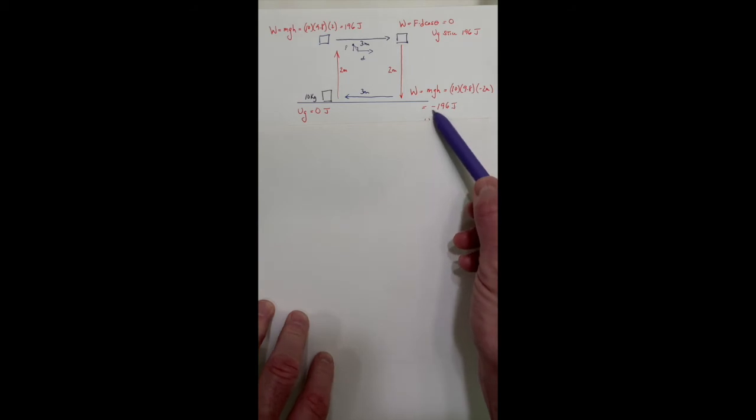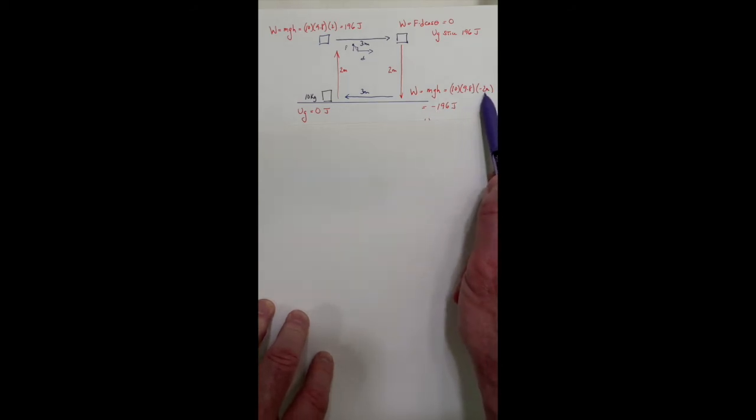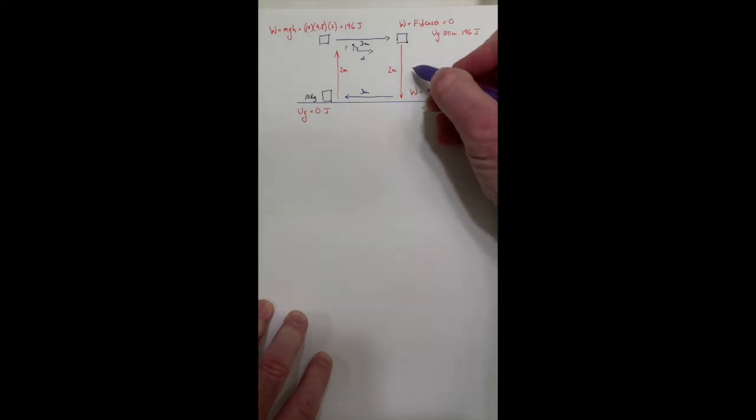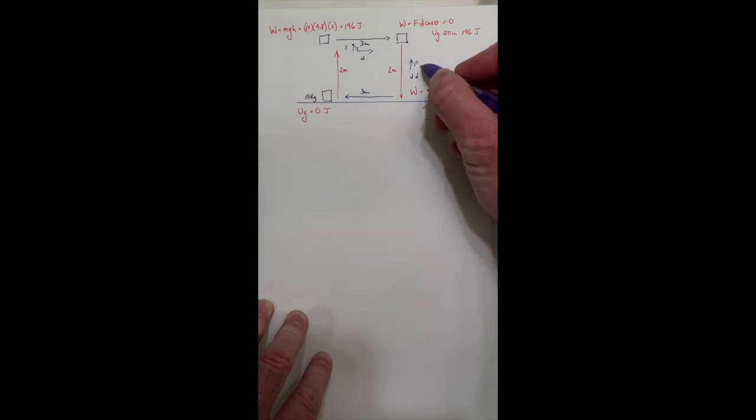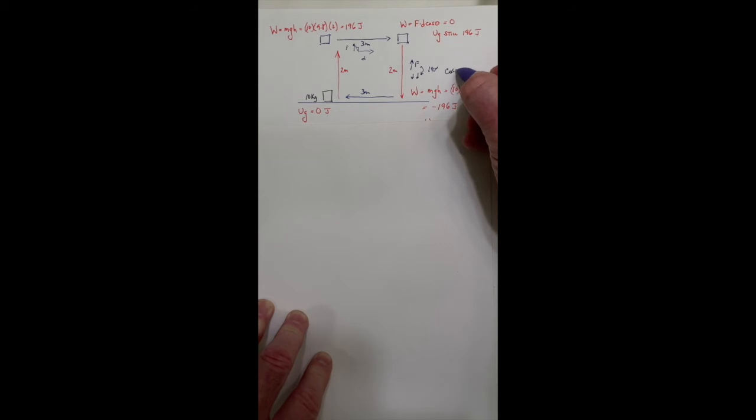We're going to talk a little more about this negative sign soon, but for now you can just say, well, look, it was downward 2 meters, or another way to look at it is my force was upward and my distance was downward. And so I'm going to get a negative answer because this angle between them is 180 degrees. And if I take a cosine of 180 degrees, I get -1.